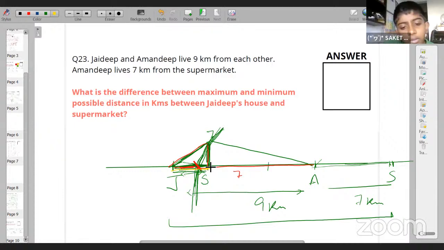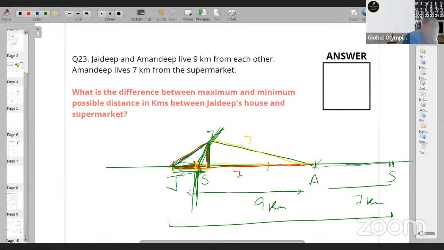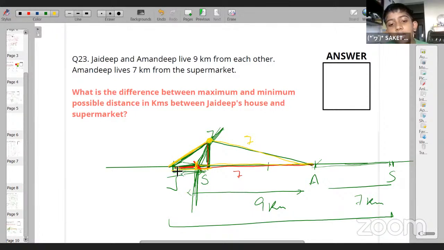No, 7 is still here, from here to here. This one is also 7 and this one is also 7. But if we had taken this as a point, this distance is bigger.